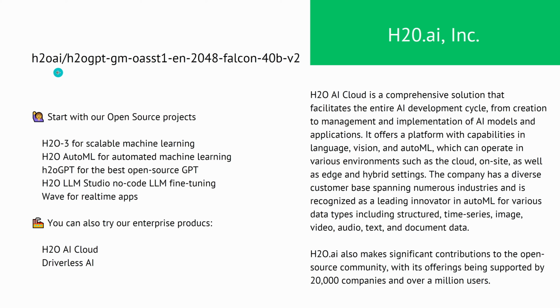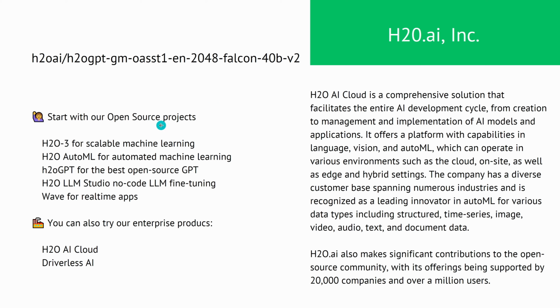You know it because I told you about the open source LLMs, the Falcon 40B, now version 2 already available, trained and optimized on the Open Assistant dataset. This is the best implementation I've seen from all the different Falcon 40B implementations. So this is how I found H2O.ai.